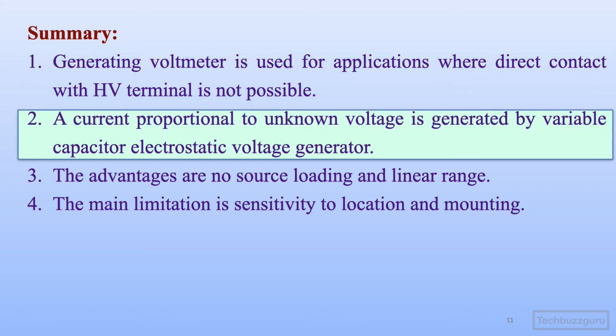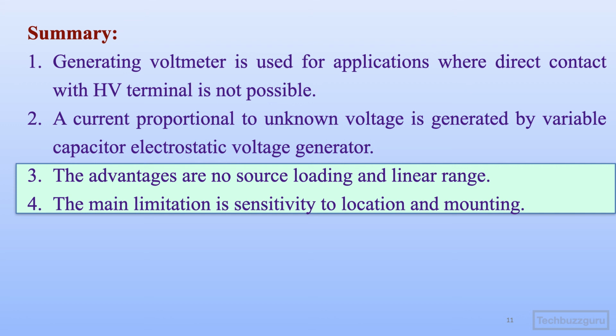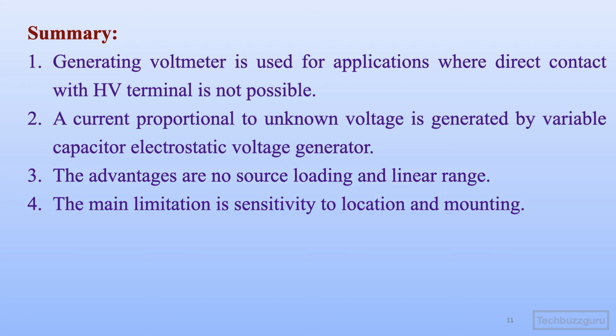Secondly, a current proportional to the unknown voltage is generated by a variable capacitor electrostatic voltage generator. This is the principle of operation of the generating voltmeter. Thirdly, the advantages of this method are no source loading and a linear range of calibration. And lastly, the limitation is the sensitivity to the location and the mounting of the setup.